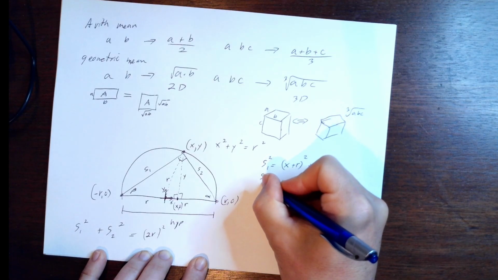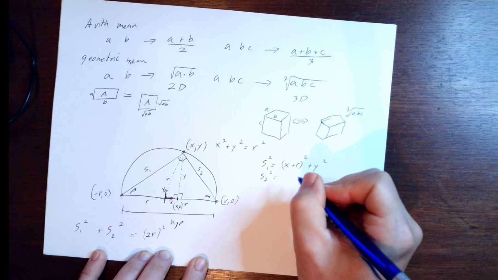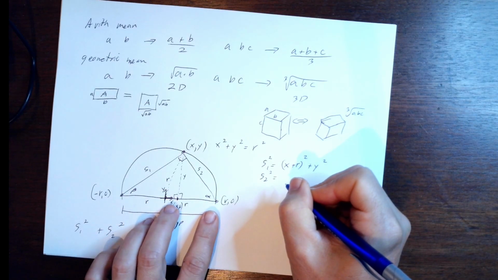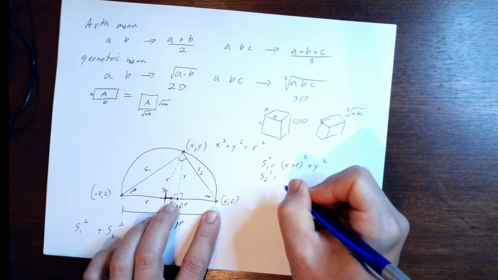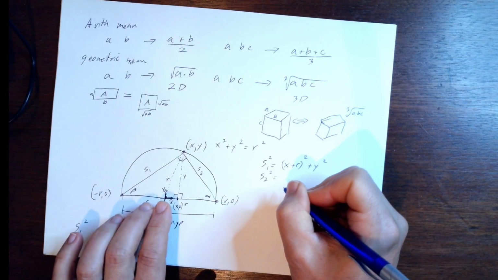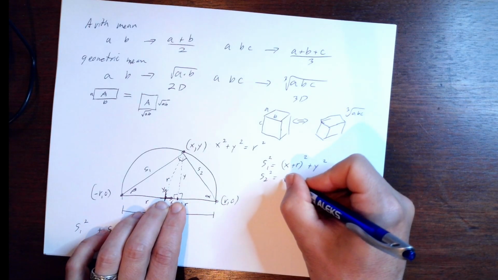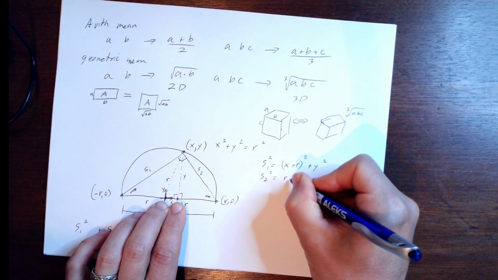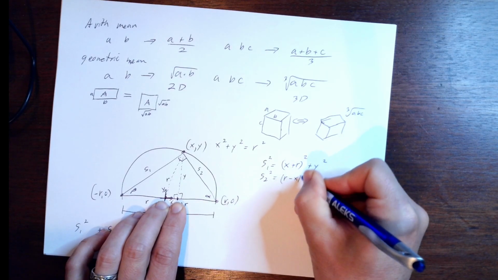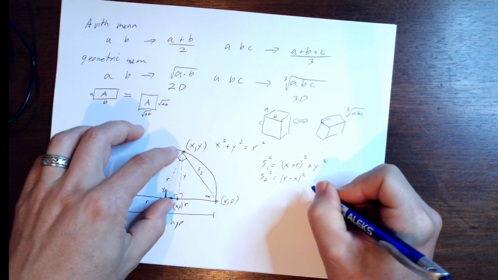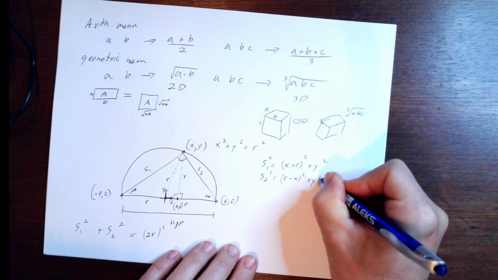And similarly, S2 squared, using the Pythagorean theorem, is going to say, hey, the base here is going to be the entire distance r less the distance x. So (r minus x) squared, and again, same vertical distance, y squared.